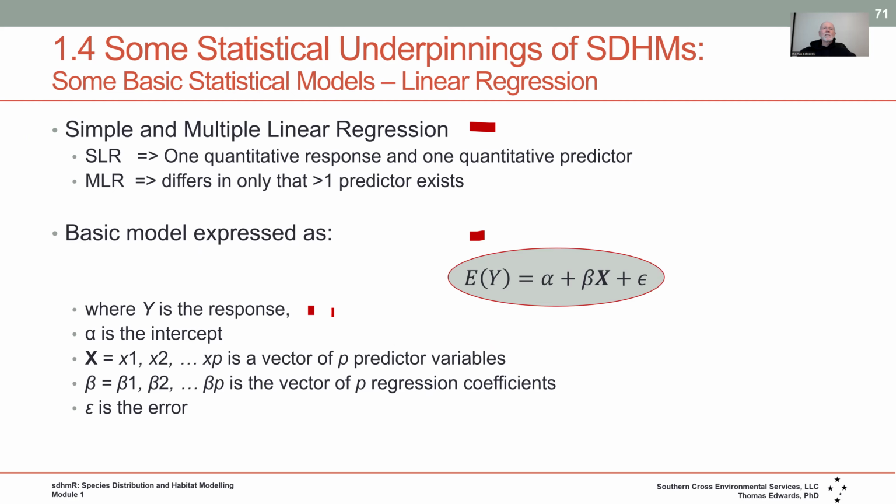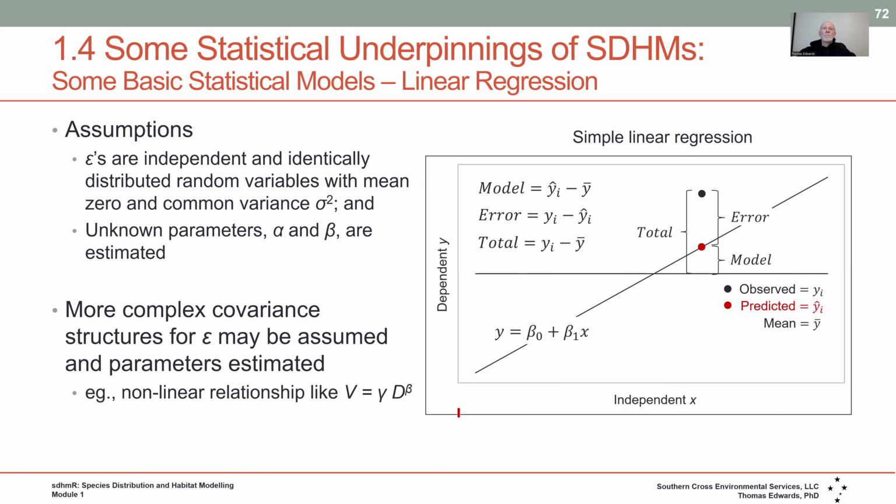Y is the response, alpha is the intercept, predictor variables, and the regression components, and this represents the error. You don't need to memorize this. I'm just showing you because you'll see how these model forms change as we move from parametric to semi. Simple and multiple linear regression are parametric models.